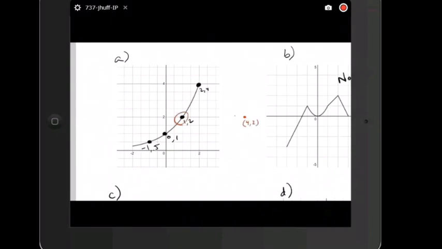This point, if you switch x and y, would be the point 2, comma 1. This point would be the point 1, comma 0. And then finally that point would be the point 0.5, comma negative 1.